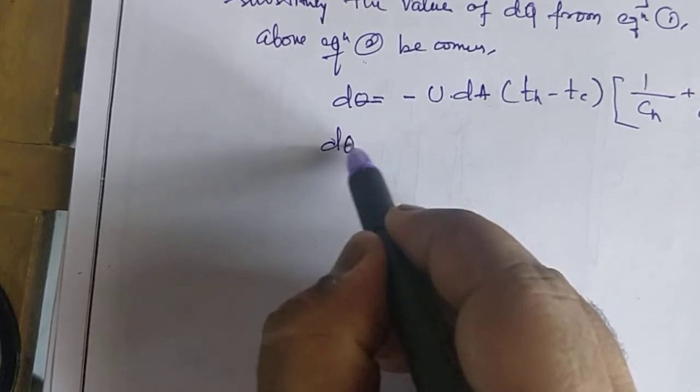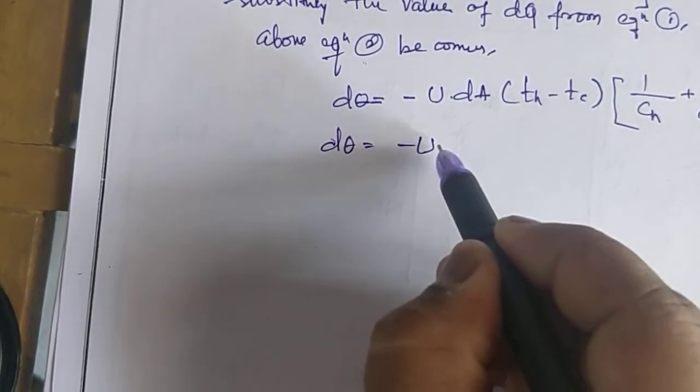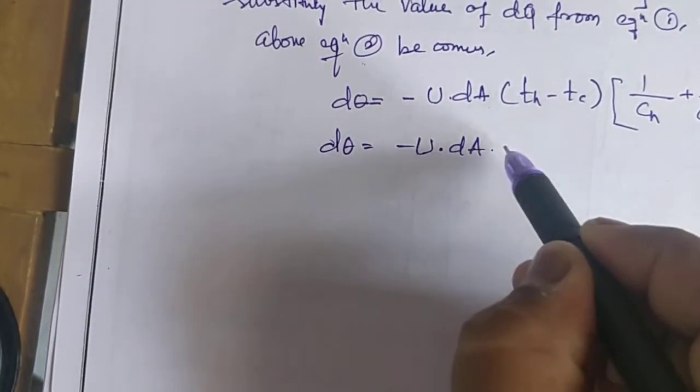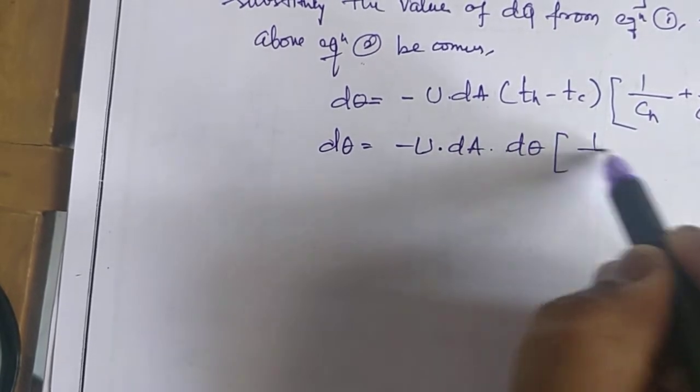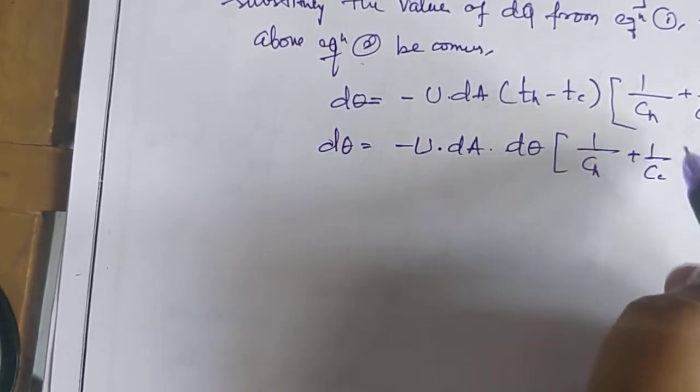So d theta is equal to minus u dA, and we can write it as d theta times 1 by CH plus 1 by CC.